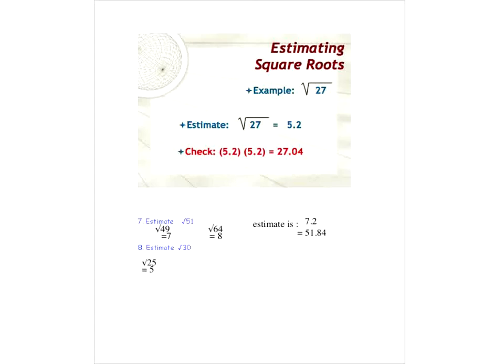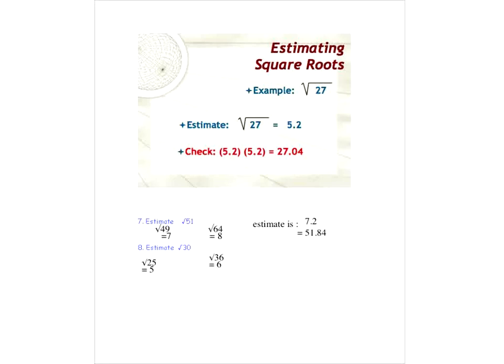Okay, what's the next one that's going to be above 30? Okay, 36, and the square root of 36 is going to be 6. Okay, so what do you guys think?